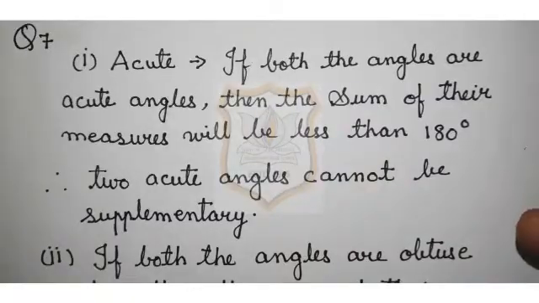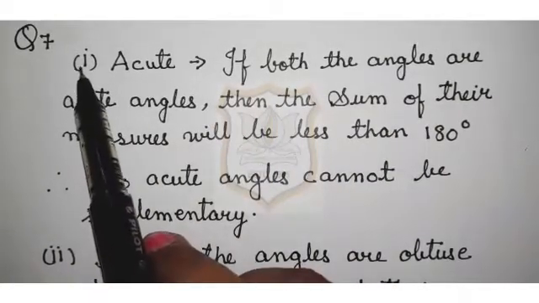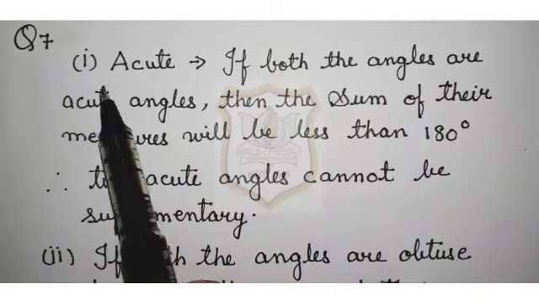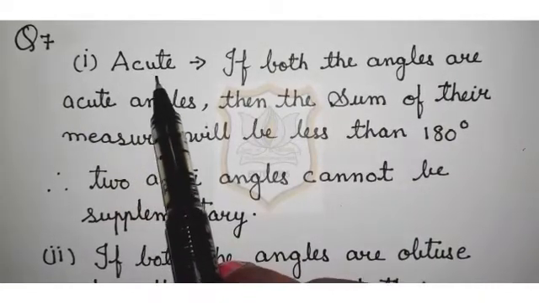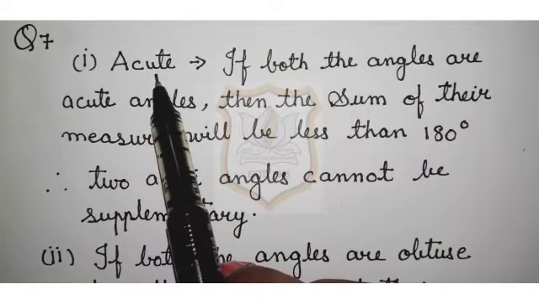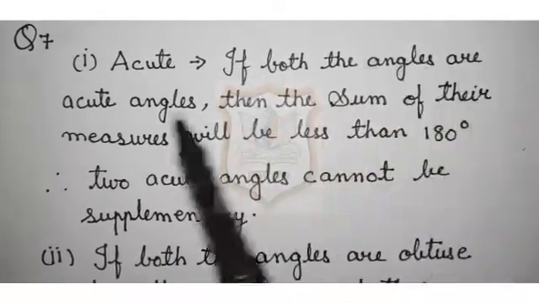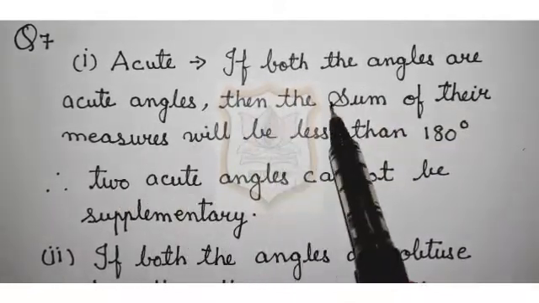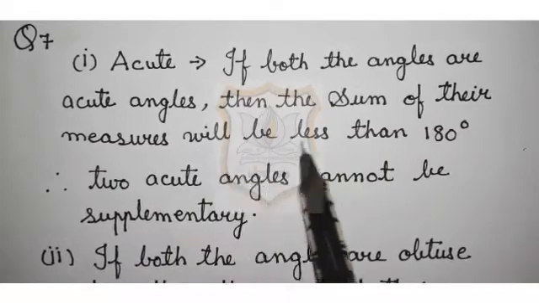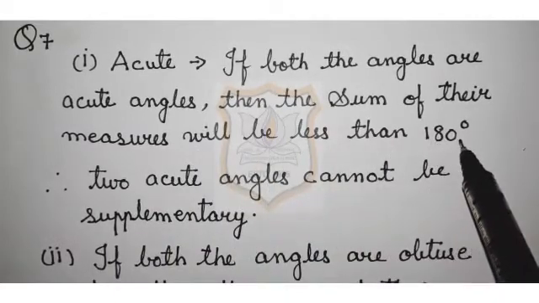So students, let's solve the first part of question number 7, and that is, if both the angles are acute angles, can they form a supplementary angle or not? That we have to tell by giving the reason. See, if both the angles are acute angles, then the sum of their measures will be less than 180 degrees.